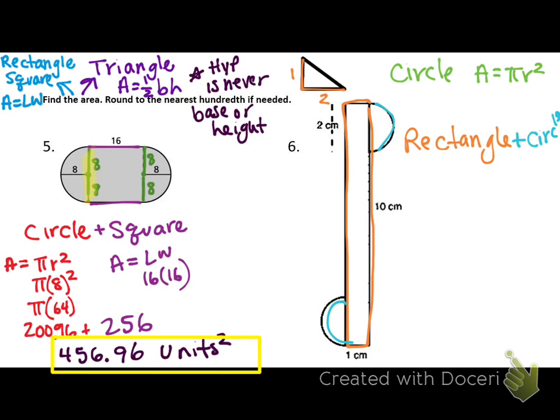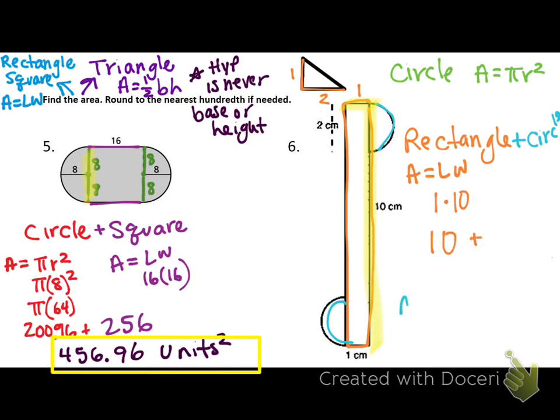Sorry, I ran out of room. The area of a rectangle will be length times width, so you need length times width. Well, down here, the length is 1, so up here the length is also 1. So 1 times our width, which is 10. So 1 times 10 is obviously 10.